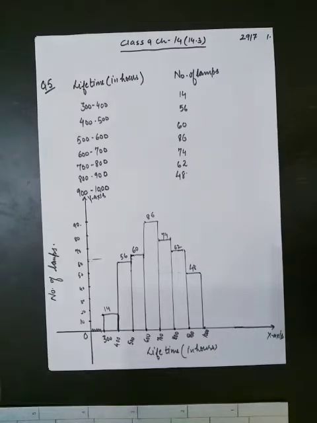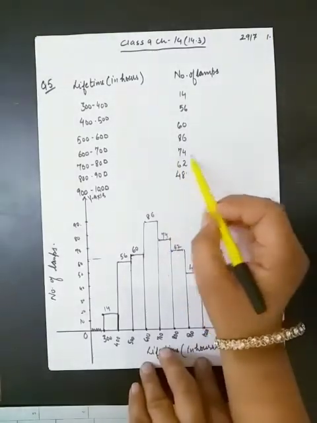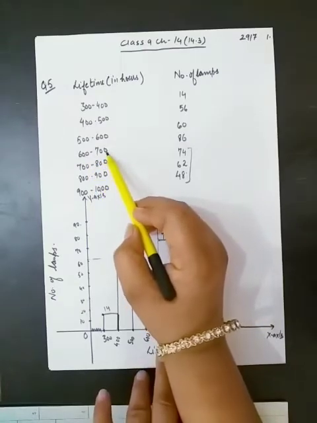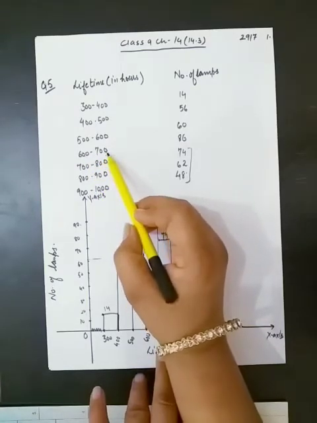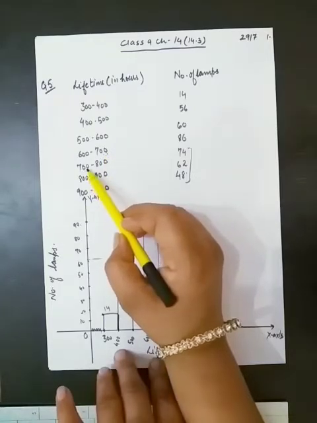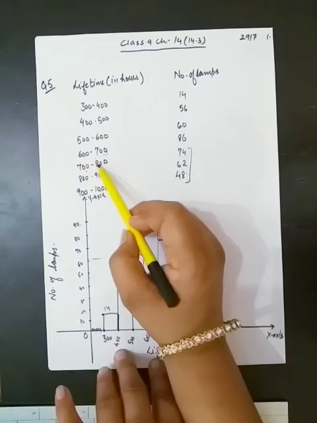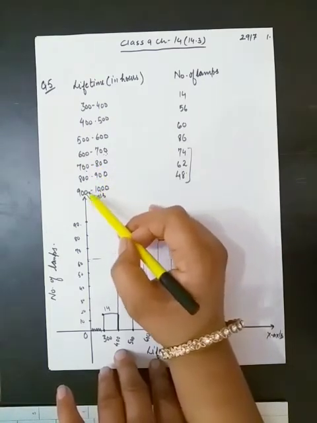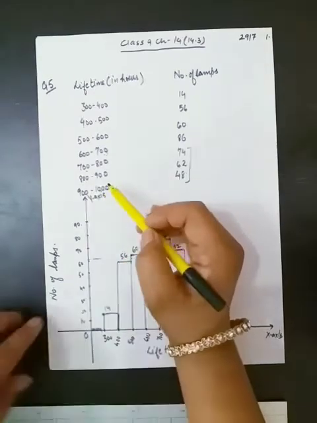And now we have to answer a question: how many lamps have a lifetime of more than 700 hours? More than 700. It means we have to add the last three values, because 600 to 700 means this interval carries values below 700, and this interval carries the value 700 or more than 700. 800 to 900 is also more than 700. 900 to 1000 is also more than 700.